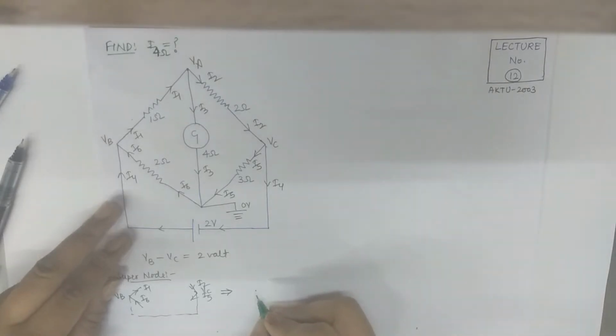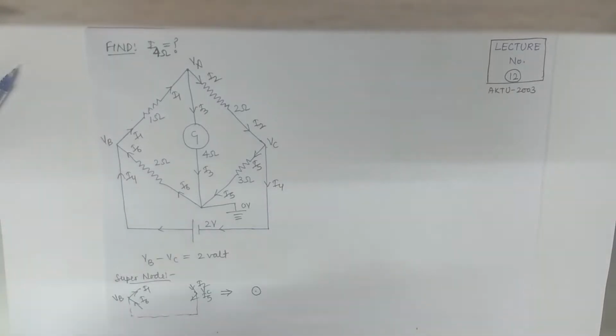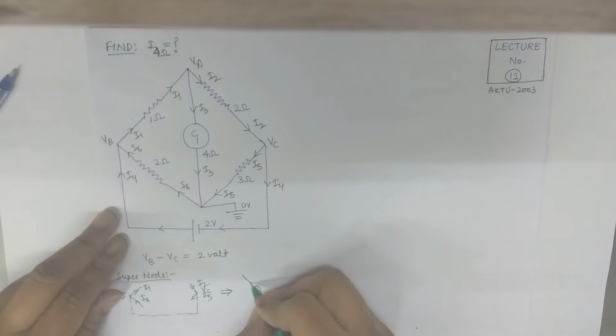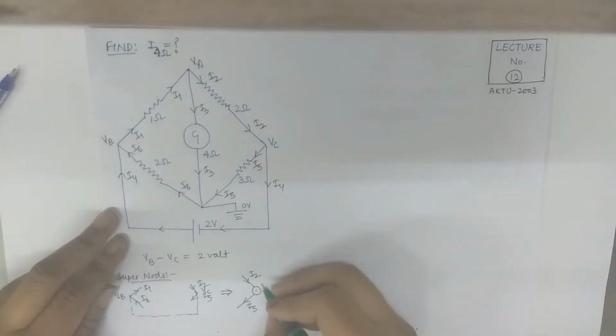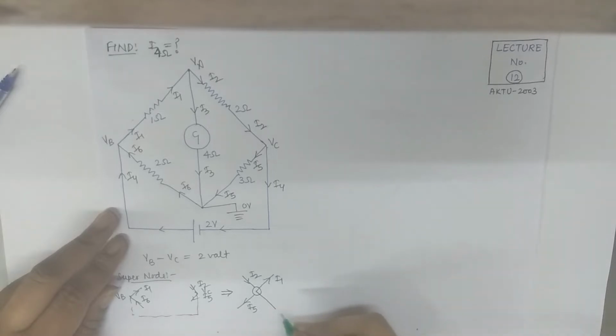Here I2 is incoming and I5 is outgoing, and for VB inside we have I1 and I6.